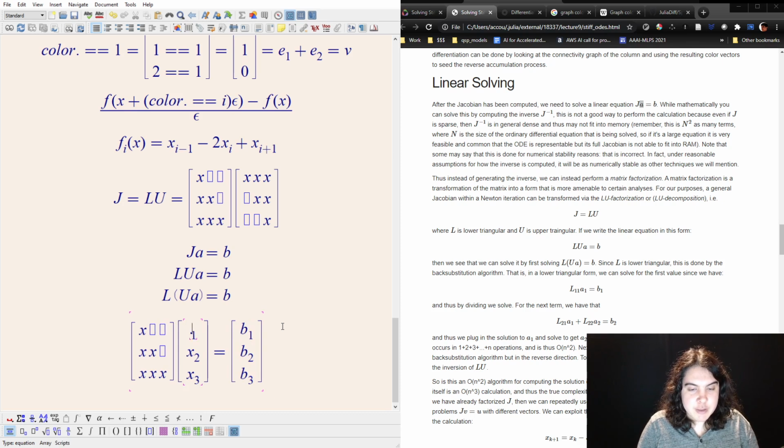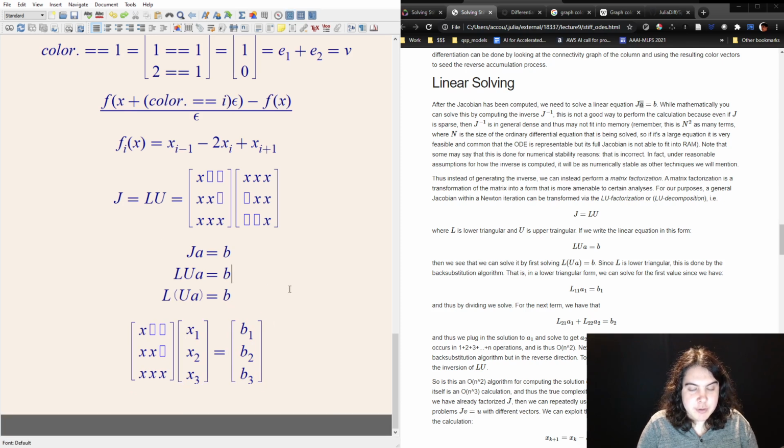Let me make this x so that I'm not changing my notation, because x equals U A, right?